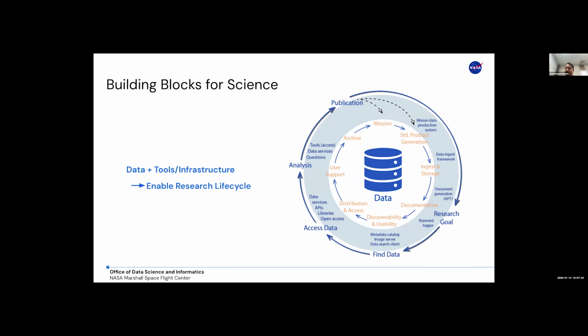The blue ribbon is the infrastructure, things that you all are discussing, the infrastructure needed to support both the data lifecycle, which is the inner circle, and the research lifecycle, the outer circle, which the science community who use NASA scientific data products utilize. And I'll come back to this figure at the end because I think this will fundamentally shift with the notion of AI foundation models.